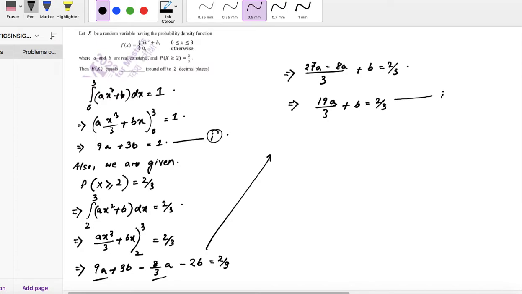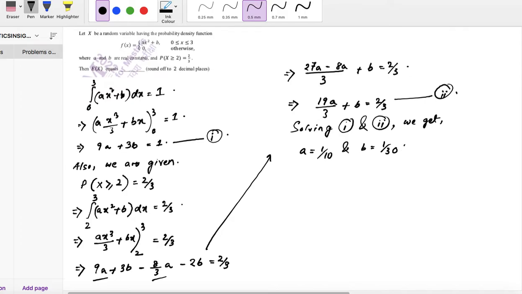Let's consider it to be equation number 2. Solving 1 and 2, we get a is equal to 1 by 10 and b is equal to 1 by 30.